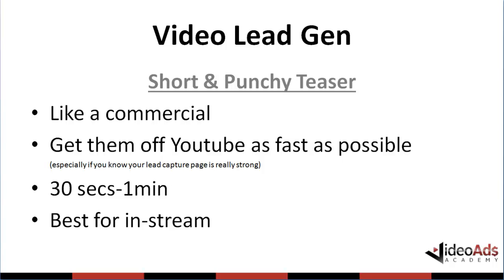I could be wrong, but in my testing, the shorter ones work the best to get someone to take action, especially if it's a pre-roll ad. They were in the process of getting ready to watch a video, and you're trying to get them to do something else. So that's why I think these work best, at least my testing tells me they work better, and I think that's the reason why.